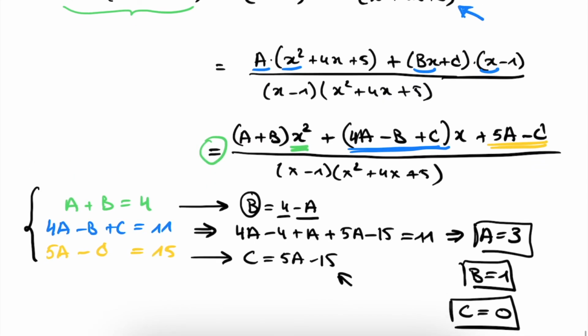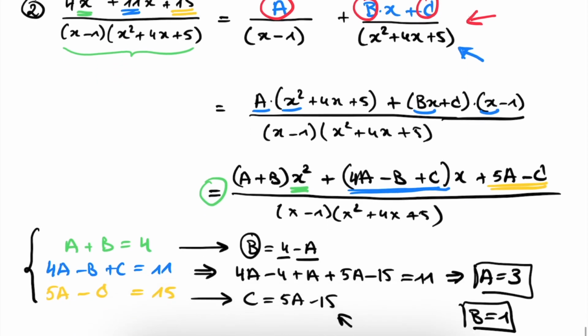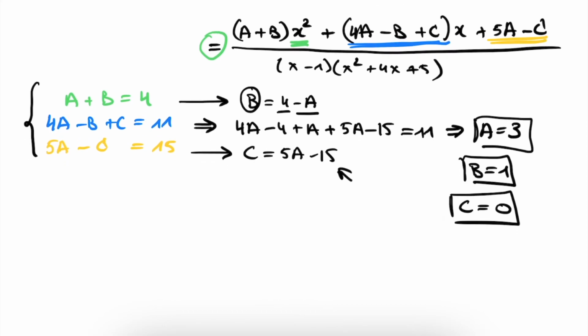And these results can be directly filled in the sum of the two fractions that we want. So we can fill in a is equal to 3, b is equal to 1, and c is equal to 0. And this gives us that our original fraction decomposes in the sum of the following fractions. We have 3 divided by x minus 1 plus x divided by x squared plus 4x plus 5.